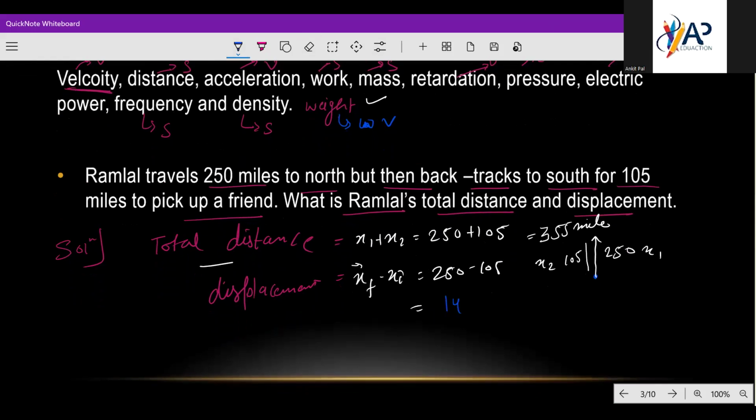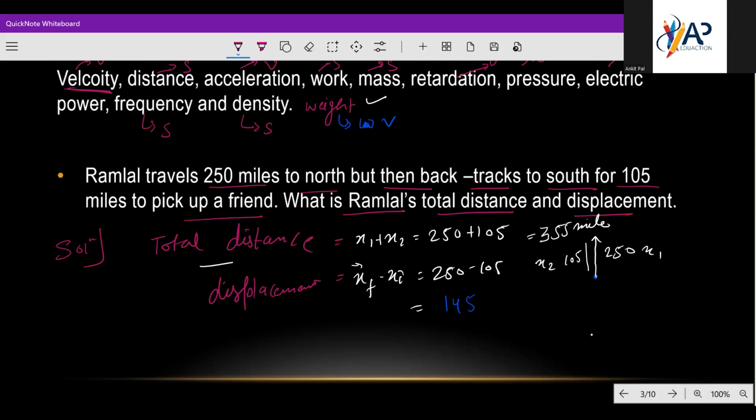But sir, you said that distance is equal to displacement when it is a straight line, right? Yes, distance is equal to displacement when a body is moving in a straight line.